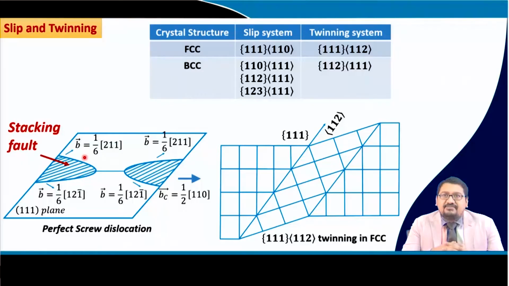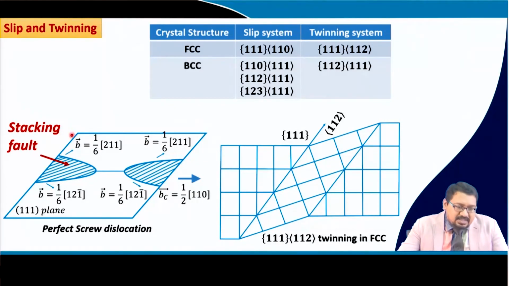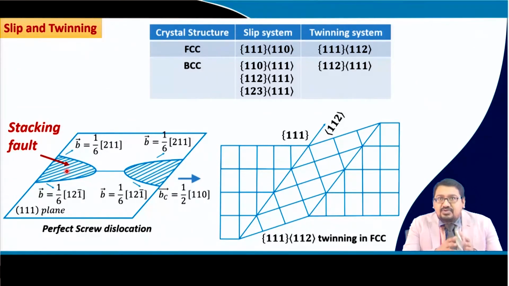A high stacking fault energy makes the distance between these two partial dislocations lower, so the screw dislocation during plastic deformation can cross slip, and in order to cross slip, the two partial 112 dislocations have to come together.